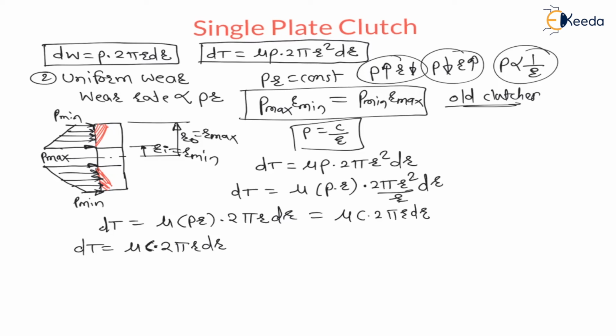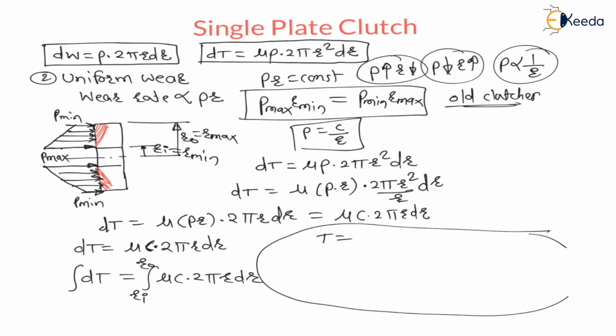Now if I want to find the total torque transmitted, I have to integrate both sides. Integration of dT gives total torque equal to integration of mu c 2 pi r dr. Here radius is variable, varying from inside radius ri to outside radius ro. Mu, c and 2 pi are constant, and integration of r dr is r square by 2.